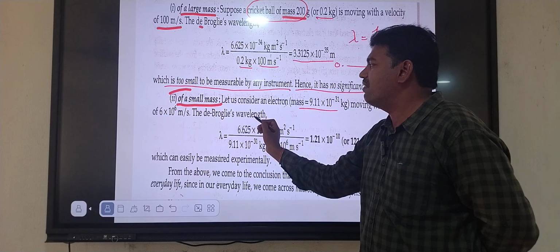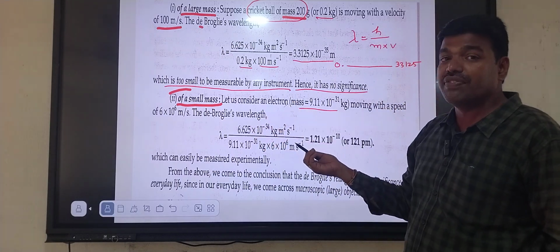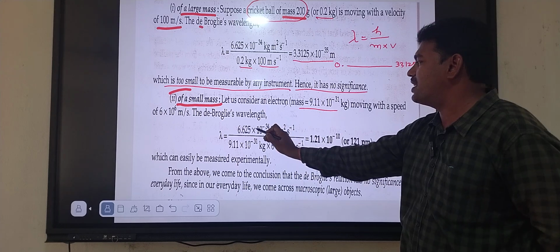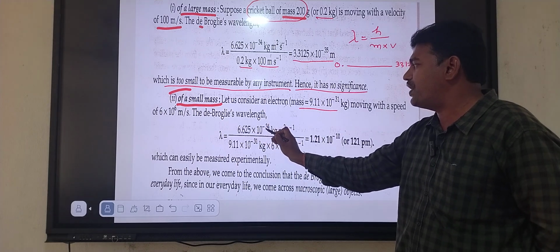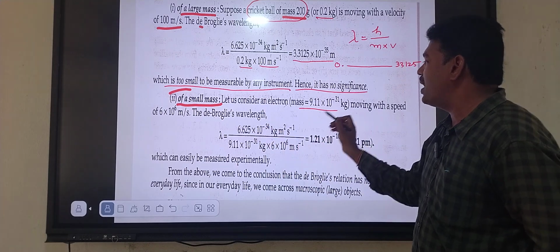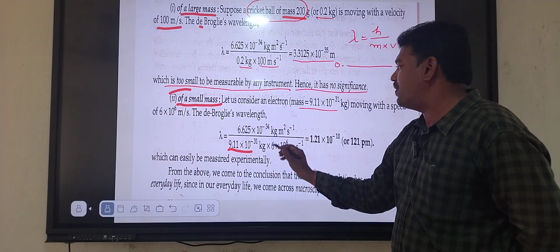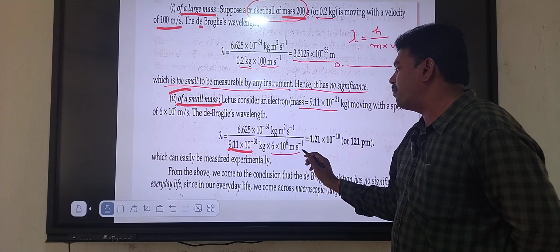Then we can calculate the de Broglie wavelength for the electron. Lambda is equal to h, the Planck's constant, 6.625 into 10 to the power of minus 34, divided by the mass of the electron, 9.1 into 10 to the power of minus 31 kg, and its velocity, 6 into 10 power 6.